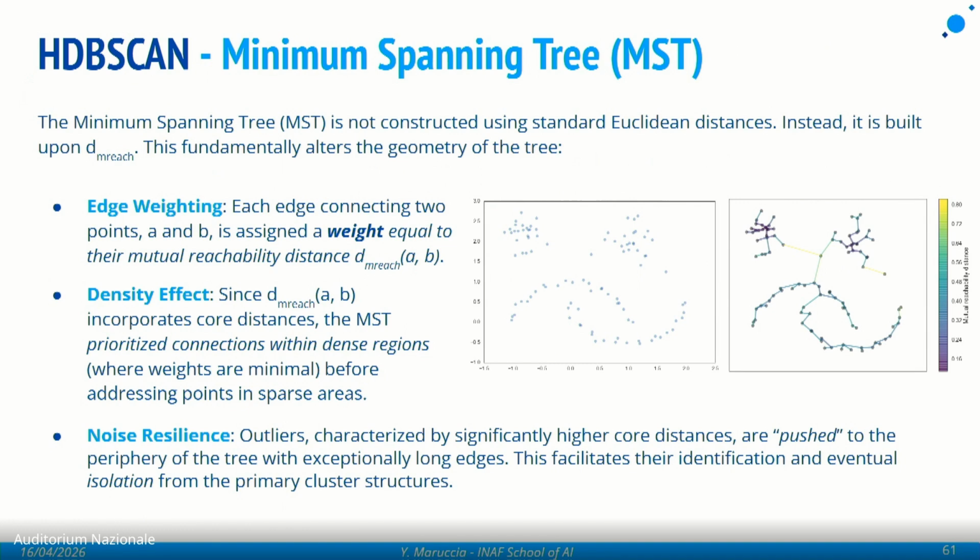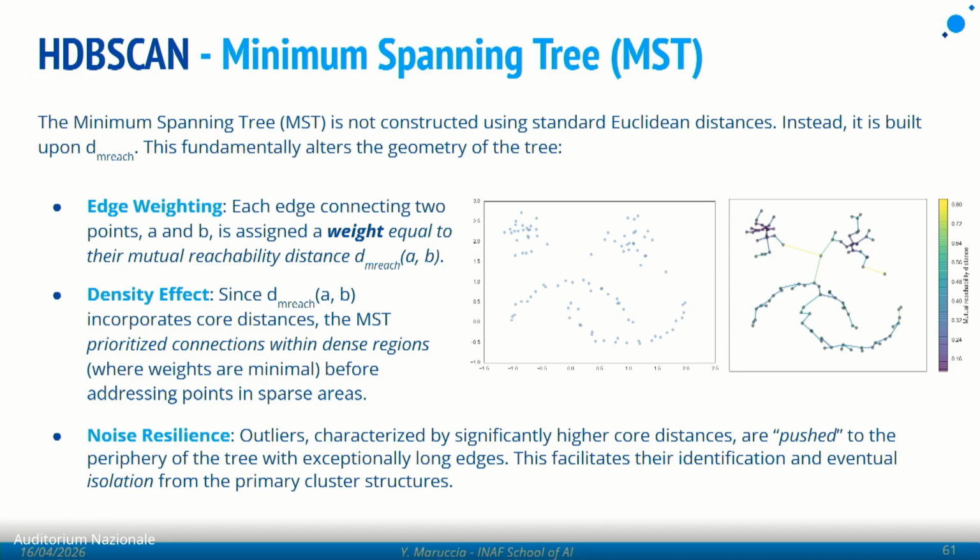How? On the left, we have this distribution of the data, and we have to connect all the points, and we don't use the standard Euclidean distance, but the mutual reachability distance. And how to do it?